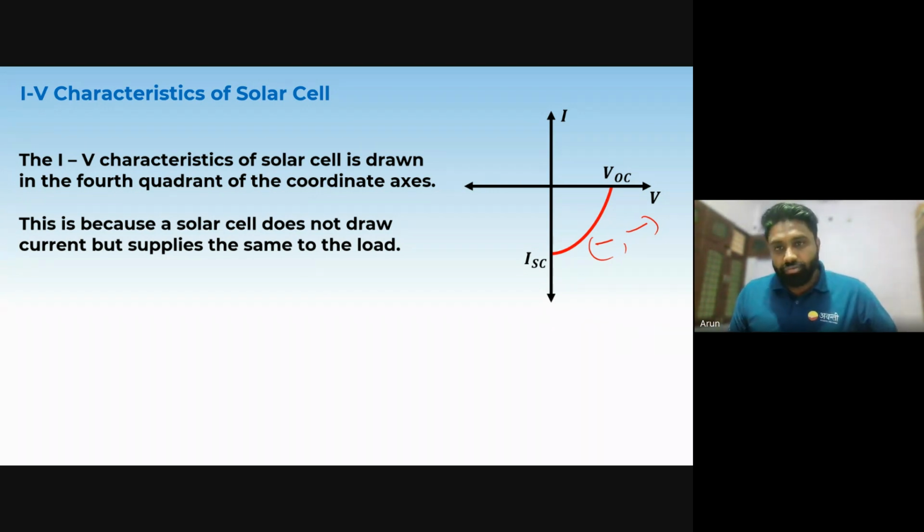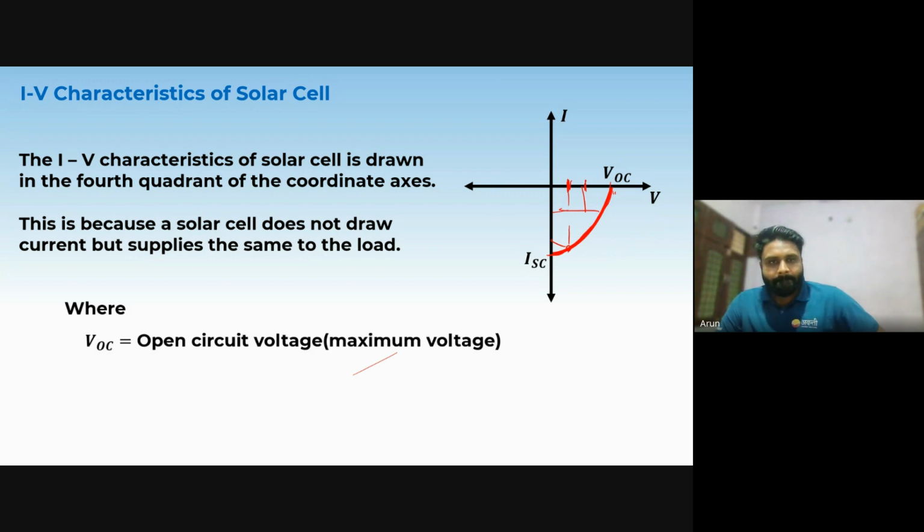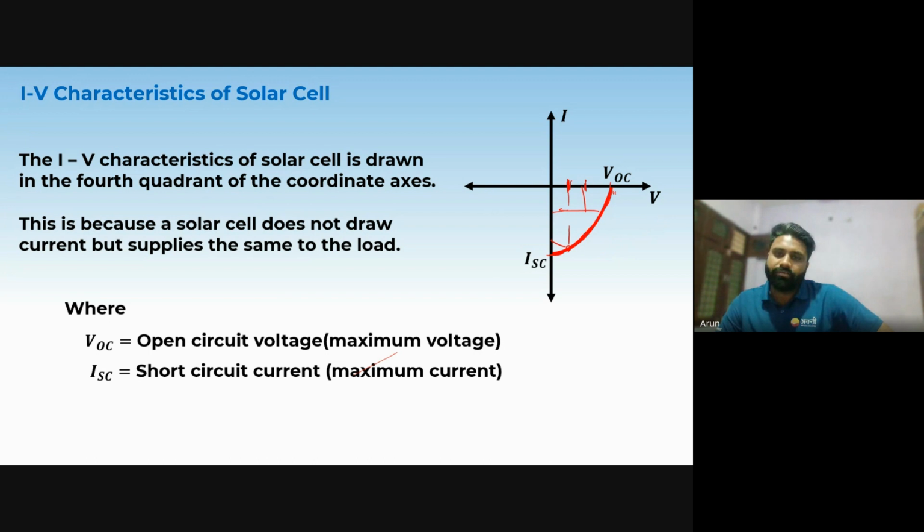So remember that the IV characteristic of a solar cell is drawn in the fourth quadrant, and it will look like this. Okay. So at this value of voltage, this amount of current will flow. As you increase the voltage, the amount of current decreases. This is the open circuit voltage. And this ISC is the short circuit current, the maximum current that you have.